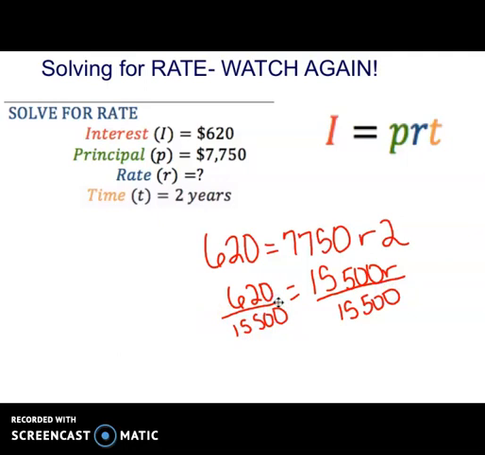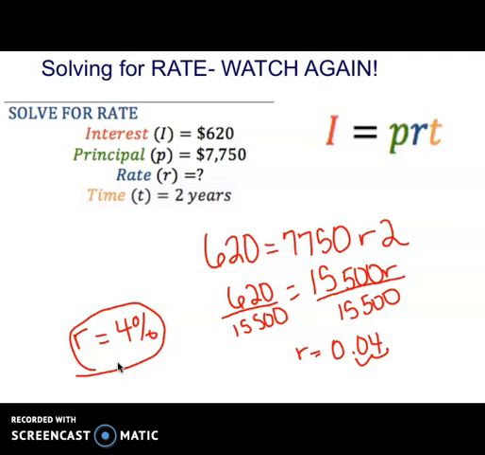The order matters, so I do 620 divided by 15,500. And I should get a decimal, which I do. I get R equals 0.04. Now the rate is expressed as a percent, so you move the decimal 2 places to the right, and the rate in this case is 4%. Okay, that is solving for the rate.